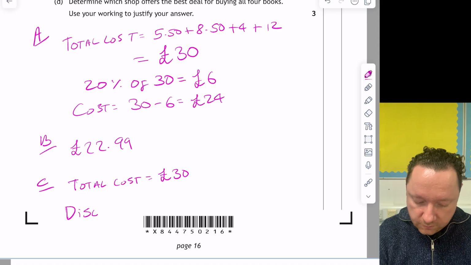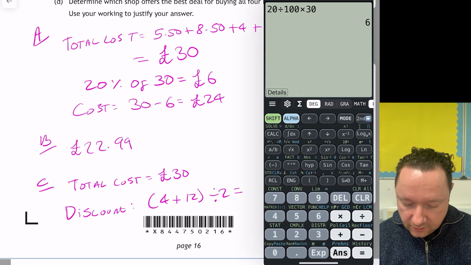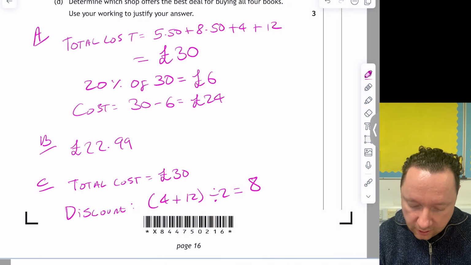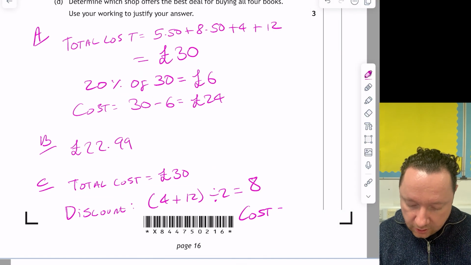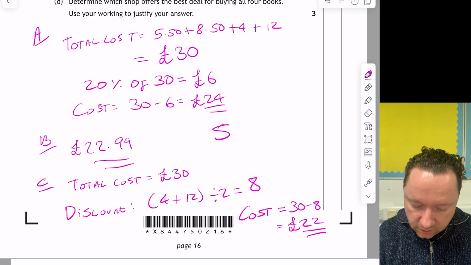So discount, 4 plus 12, but then divided by 2 because you get them half price. So you get an £8 discount. So that means that it actually costs 30 minus 8, which is £22. So there's my 3 answers. The cheapest is Shop C. So I should go to Shop C, it's cheapest.